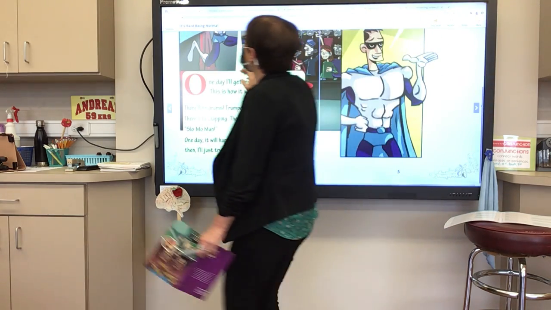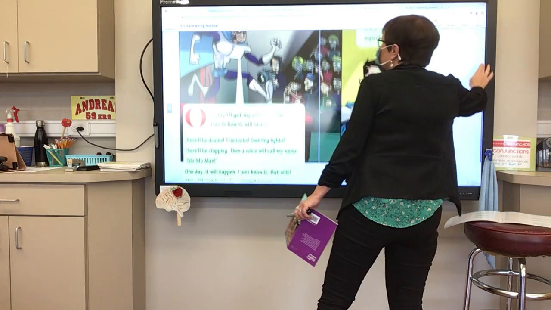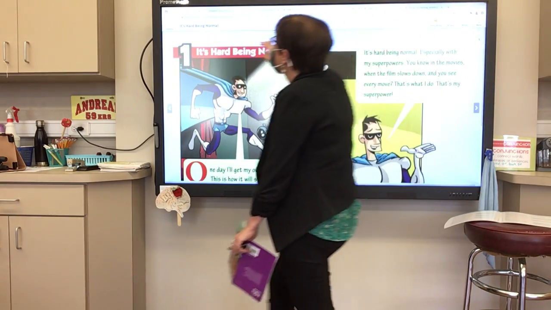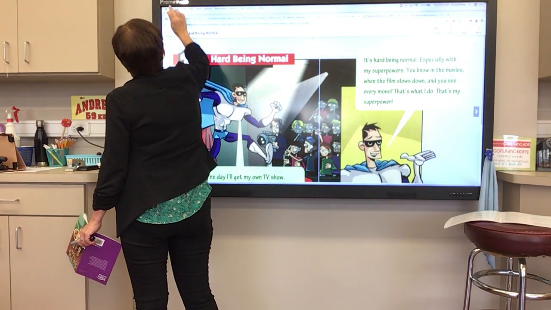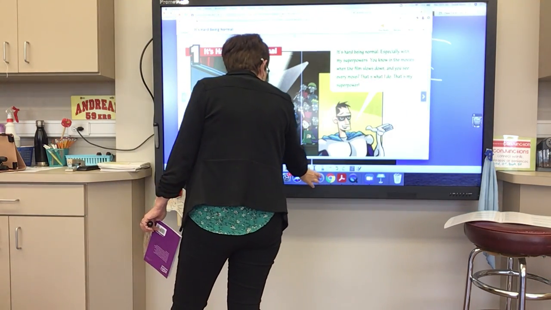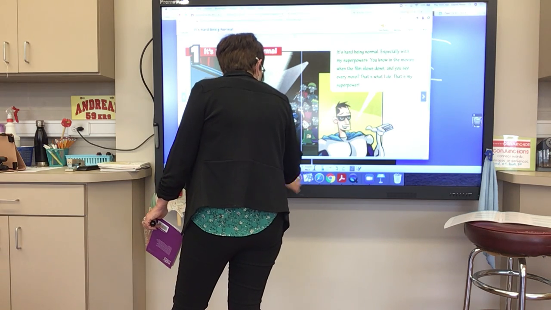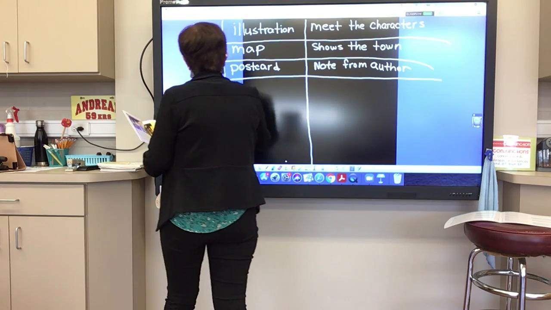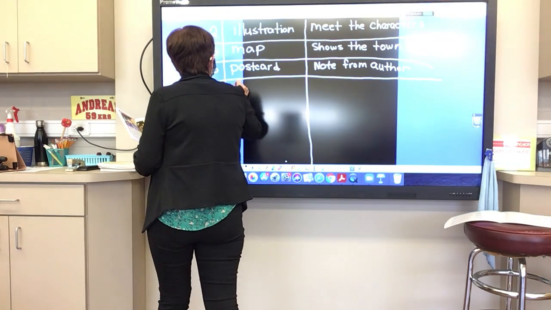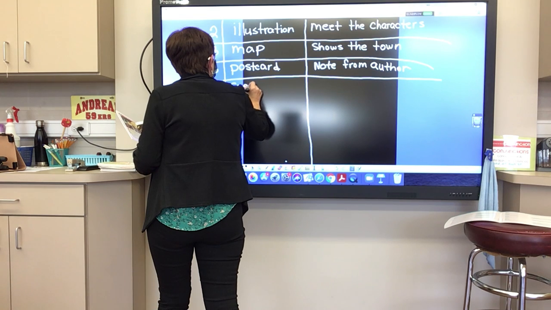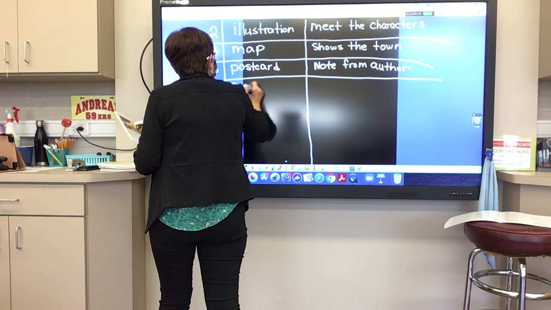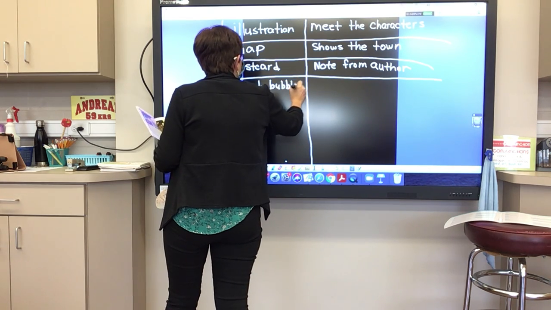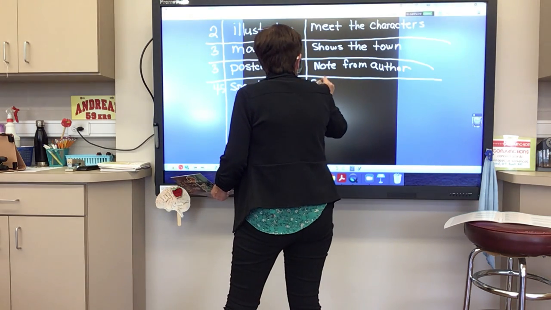So I'm going to have to minimize this. So we can start writing some of these awesome text features. We have a lot just on the second page, or the next section. So on page 4, we have a speech bubble. 4 and 5. Speech bubbles. Slow-mo man is talking.